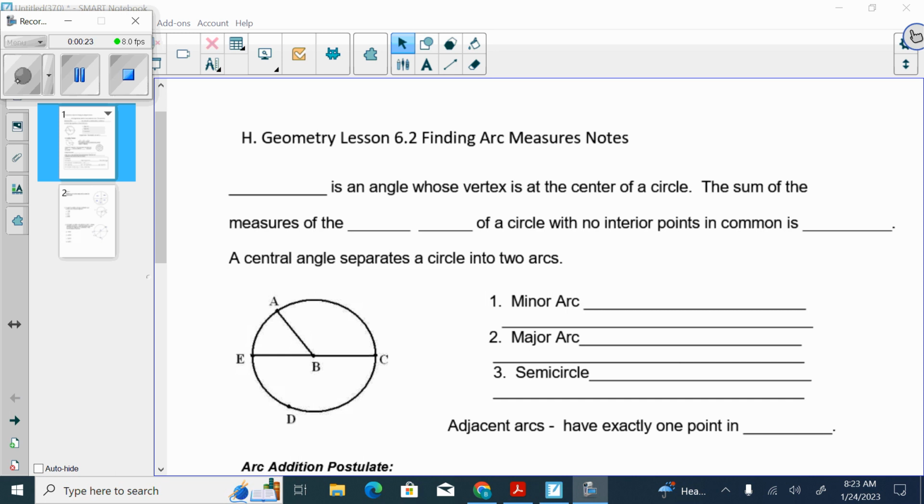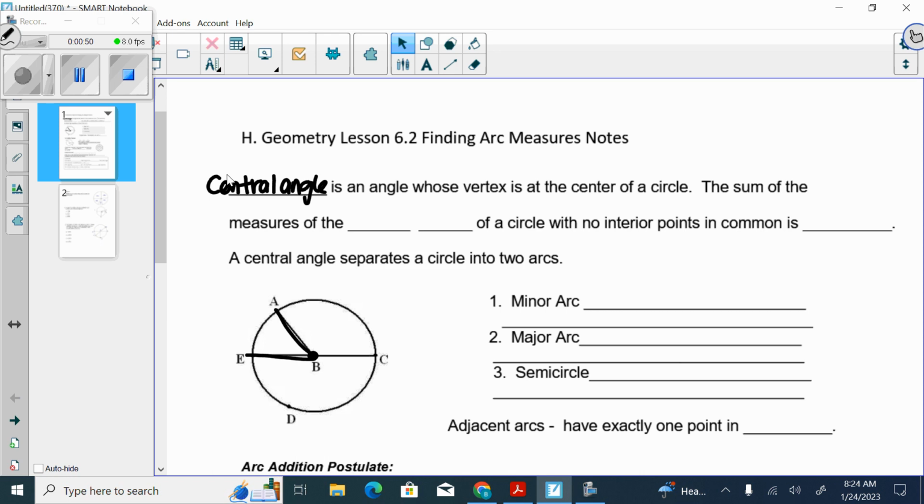It says a central angle is an angle whose vertex is at the center of the circle. So this angle here would have a vertex at B, right? B is at the center of the circle, so this is a central angle.